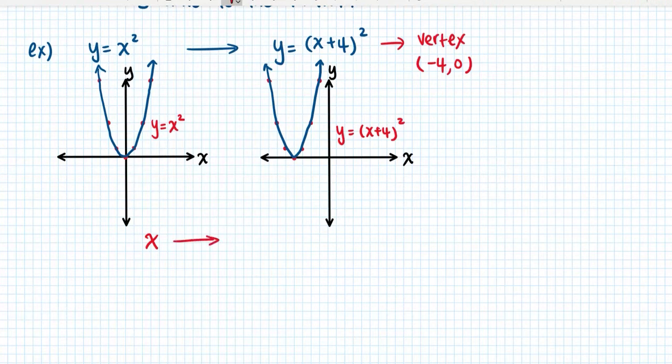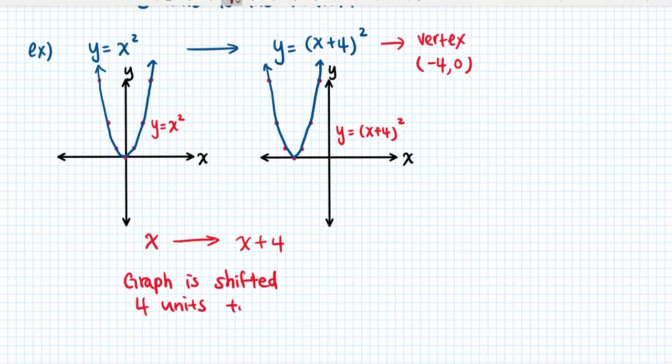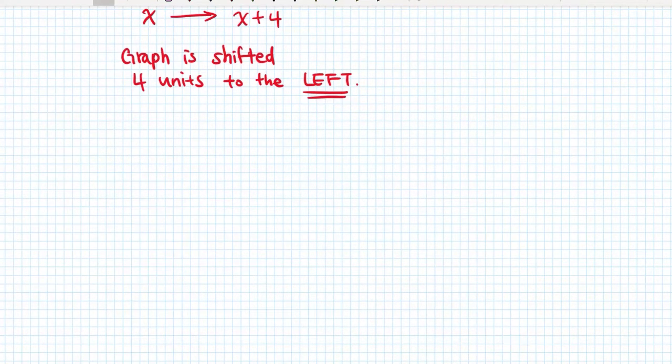So x is changed to x plus 4, and the graph is shifted 4 units to the left. Okay, so the next type of translation is vertical translation.